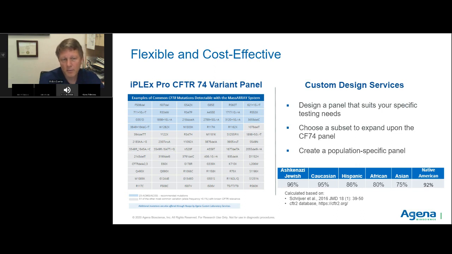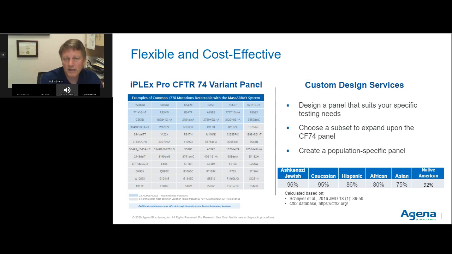This can be a panel that works really well for you. We have actually a few different large public newborn screening sites in America running a panel like this. Or actually, we have some that have designed their own panel that suited their specific needs because they had more preference of certain ethnicities.